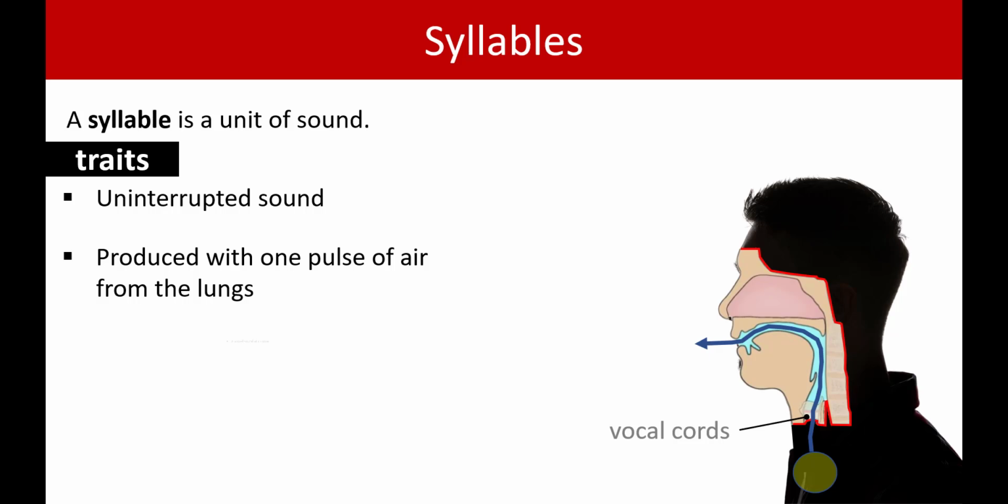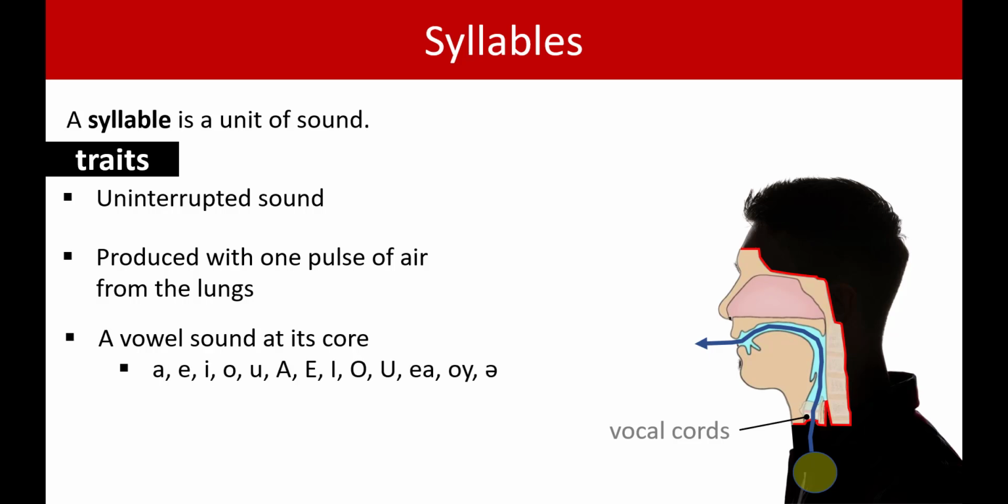Every syllable will have a vowel sound at its core, and that vowel sound might be a short vowel like a, e, i, o, or a long vowel sound like a, e, i, o, u, or maybe even a sliding vowel, a, oi. A little bit more on those later.